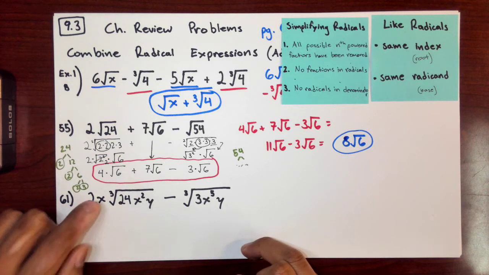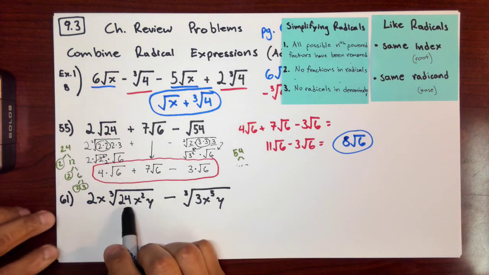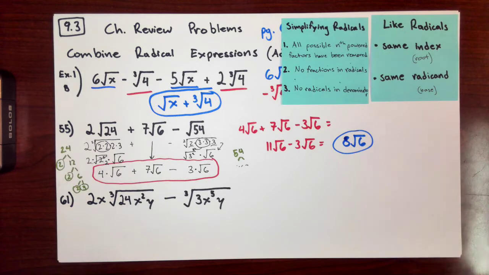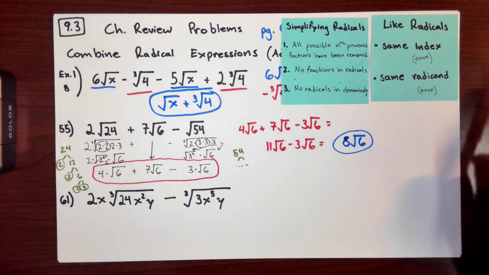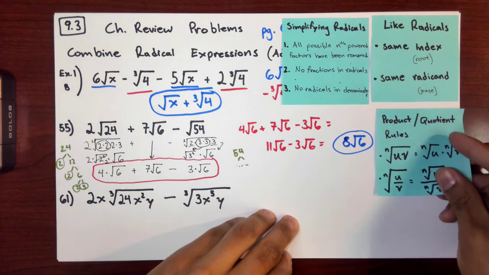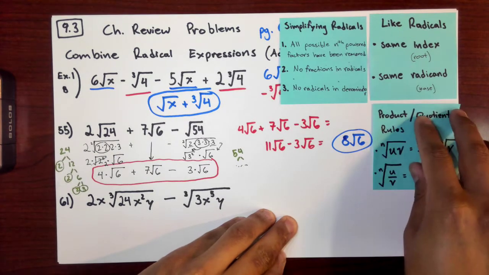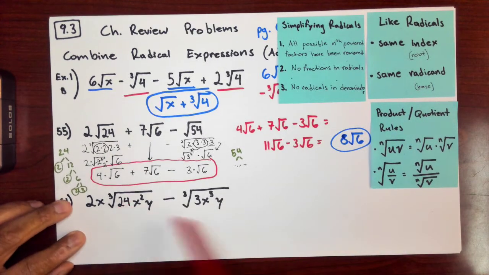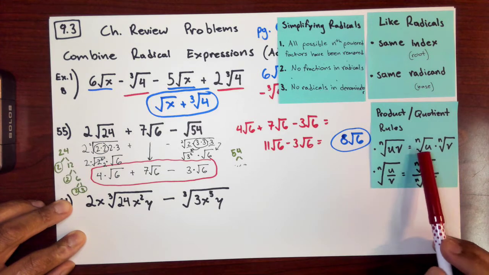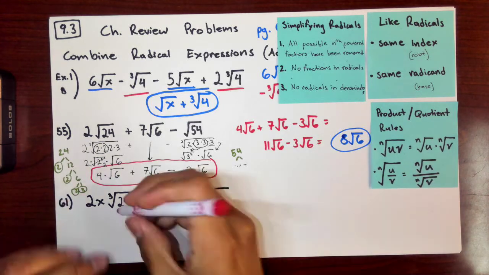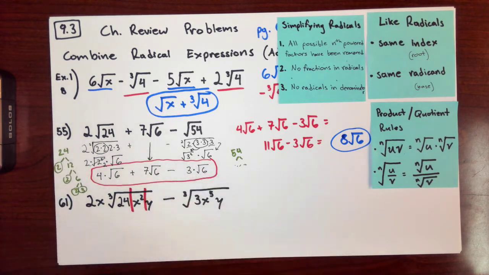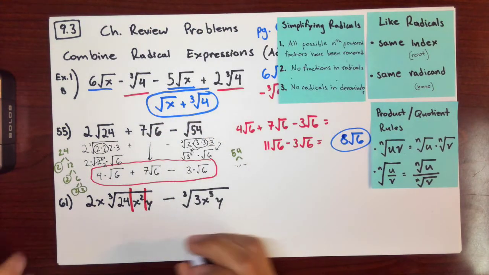We can kind of ignore this 2x in the beginning. Let's go ahead and focus on simplifying that 24x squared. And if you guys remember, the best way to simplify that, just how we had it last time in the product and quotient rule, we're going to break these up, right? By using the product rule, we say that we can break these up into their own individual radicals.